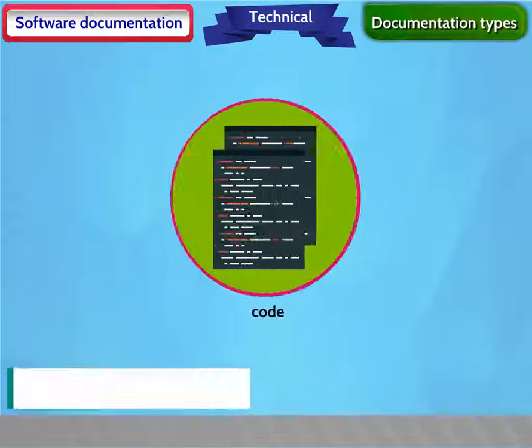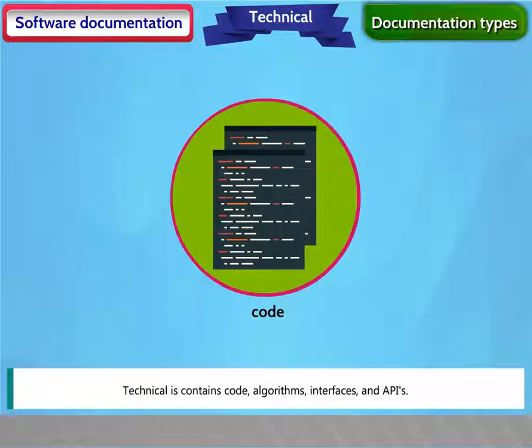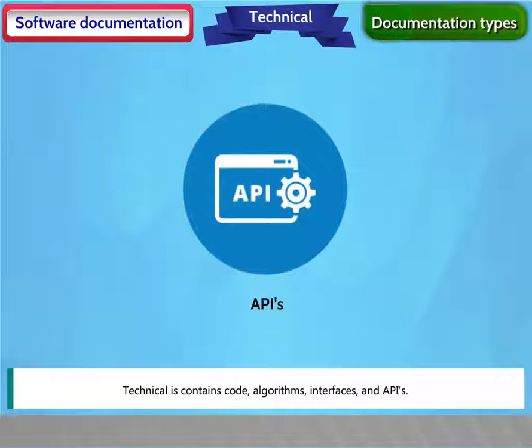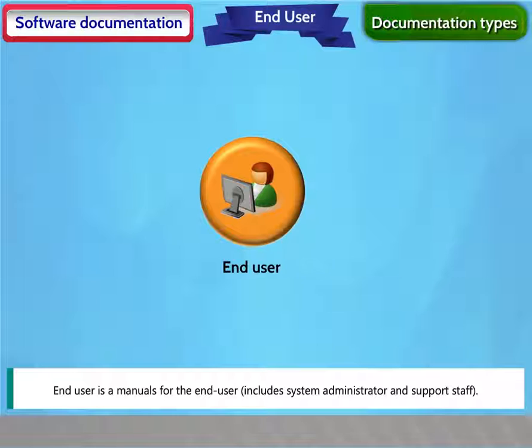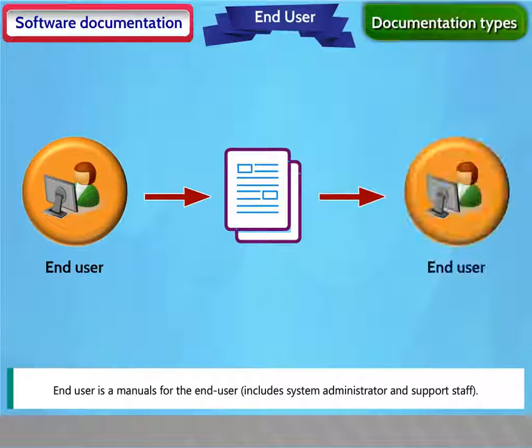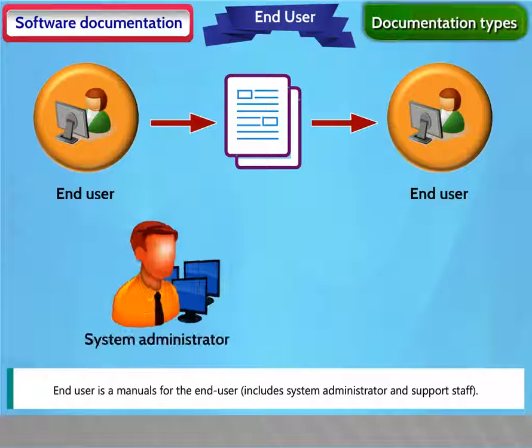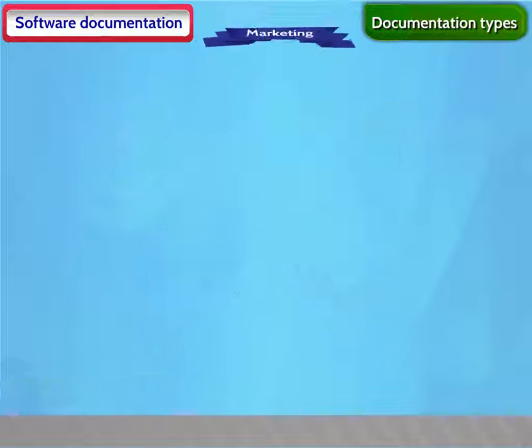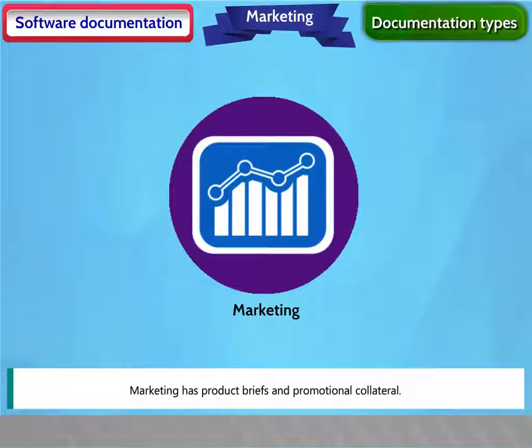Technical contains code, algorithms, interfaces and APIs. End user includes manuals for the end user, that is, system administrator and support staff. Marketing has product briefs and promotional collateral.